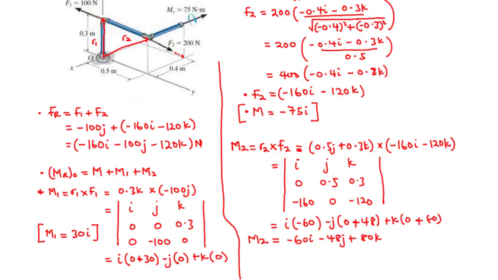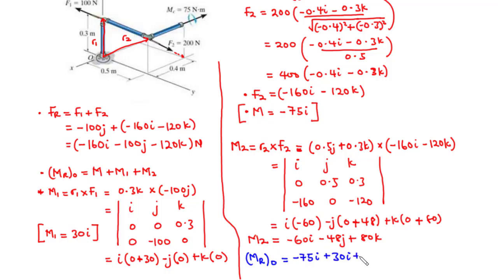So lastly, we can determine the resultant couple moment about O if we add all these three quantities, which are M, M1, and then M2. So we have M, negative 75i, M1 plus 30i, and then plus M2.